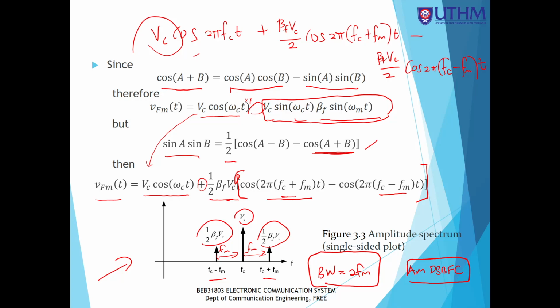For FM, the bandwidth of 2 fm is considered small. So that's why the term narrowband is used. Narrowband FM is similar to AM double sideband full carrier.